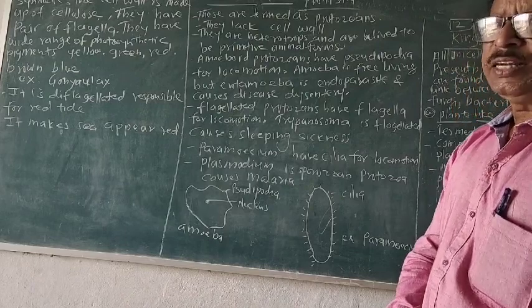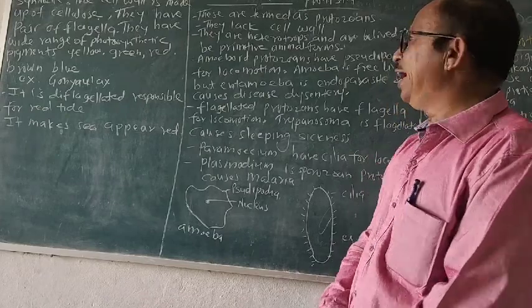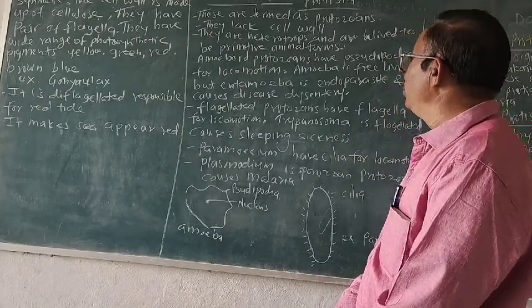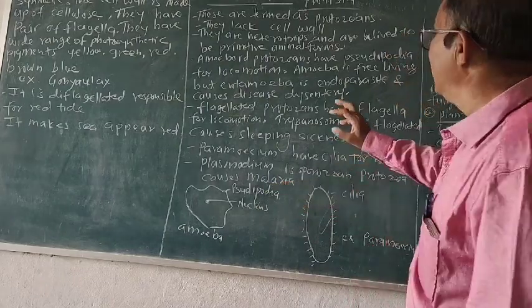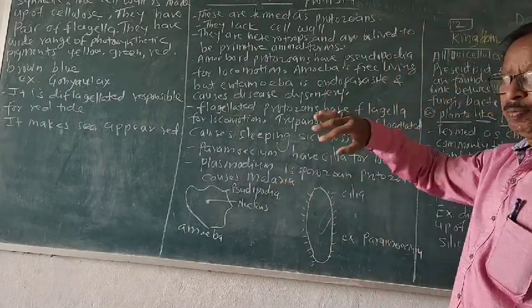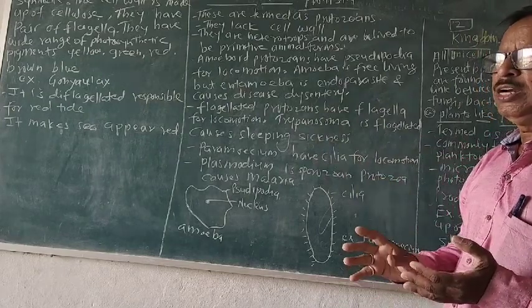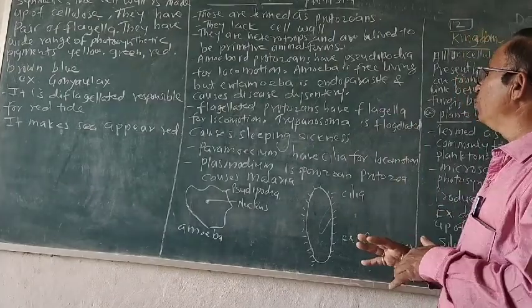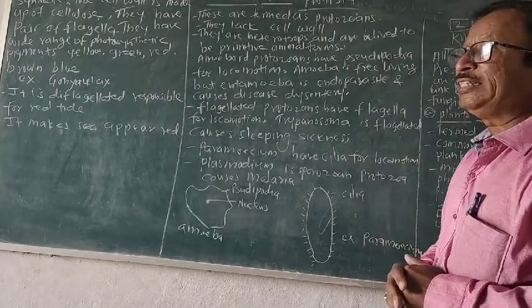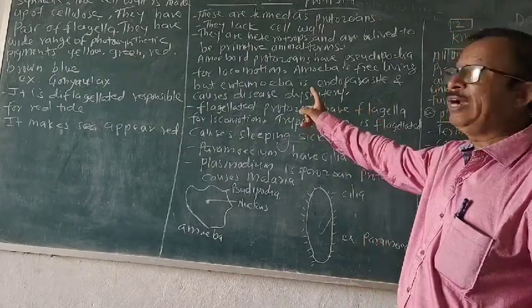See how is the nature. Amoeba is free living. It is found in fresh water, and it uses pseudopodia for locomotion. But Entamoeba, another species, Entamoeba histolytica, is found inside the body, and it causes a disease called dysentery. So the dysentery disease is caused by Entamoeba.